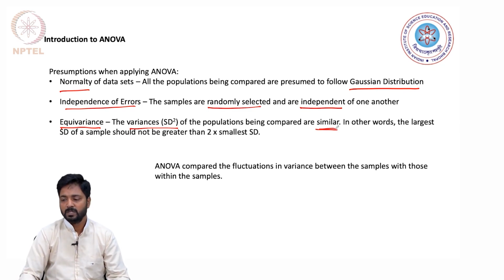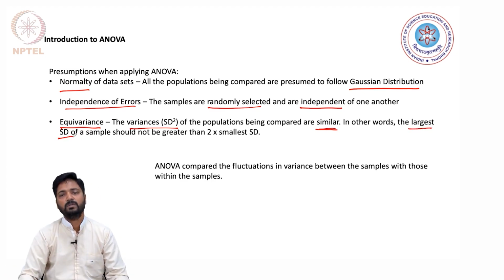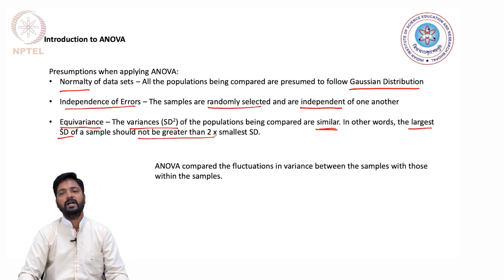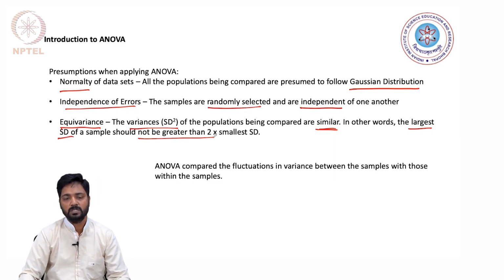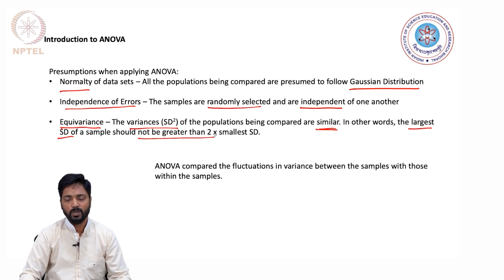In other words, the largest standard deviation of a particular sample should not be greater than 2 times the smallest standard deviation of a different sample. So this is one important exercise that we need to do before we apply analysis of variance on our samples.